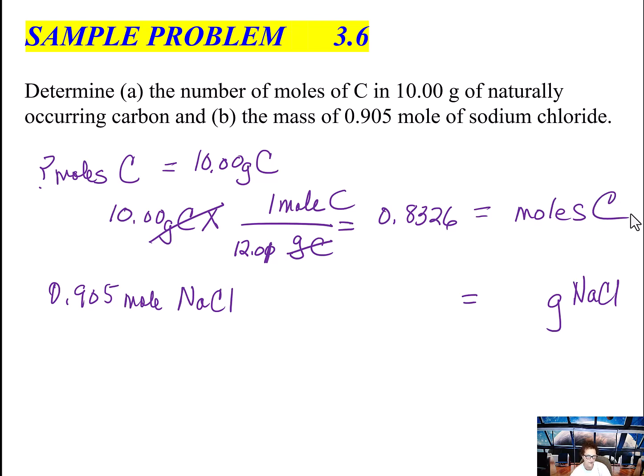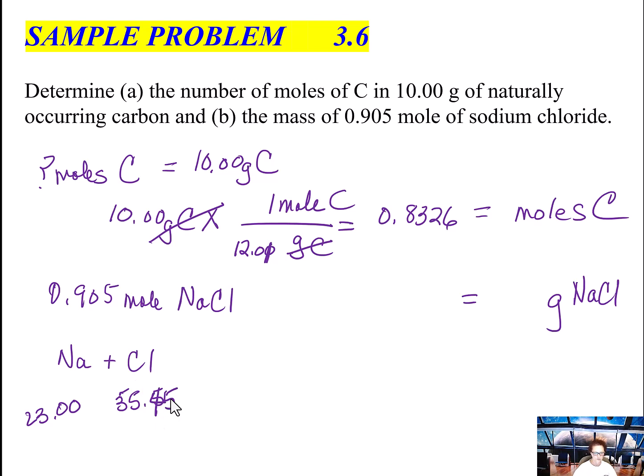Very simple calculation. Now with this one, I've got to figure out the formula weight of sodium chloride. So I've got to do Na plus Cl. Cl is 35.5 basically, and Na is 22.99. Double checking chlorine, 35.45.